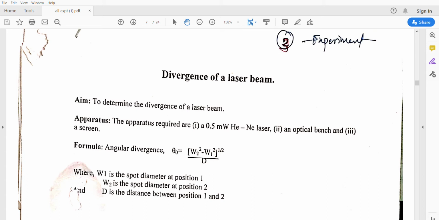After the population inversion, we get the stimulated emission. In stimulated emission, the charge carriers move from higher levels to lower levels by the input energy. That is the stimulated emission and amplification. This process is said to be the lasing action.